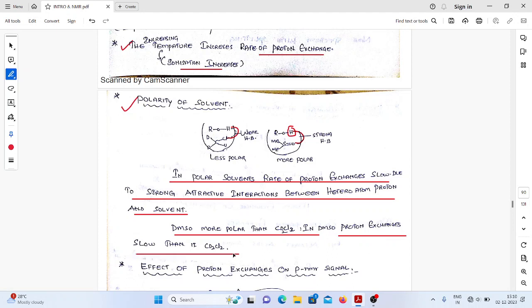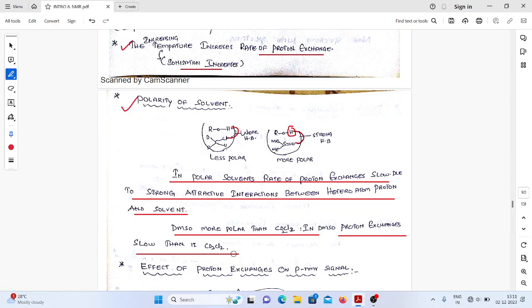So in non-polar solvents, proton exchange is higher, and in polar solvents, it is lower because of hydrogen bonding. So these are the three factors. If you have impurity, proton exchange increases. If you increase the temperature, proton exchange increases. If you use the polar solvent, proton exchange decreases.